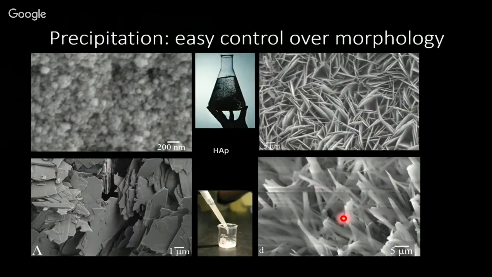Usually, if you slowly increase the supersaturation, you end up with particles like this, planar particles, or uniaxially grown, needle-shaped particles. These are also plate-shaped particles, growing along two dimensions. And if you have very quick increase of the supersaturation, you get something like this.